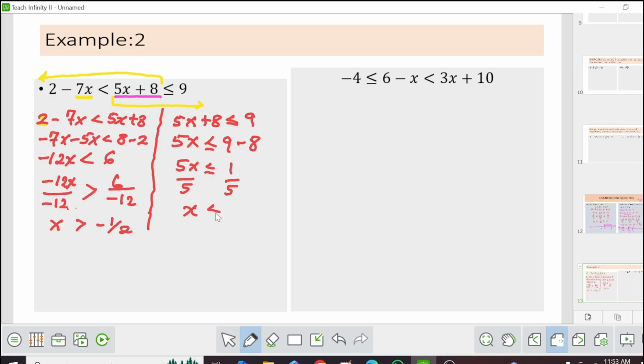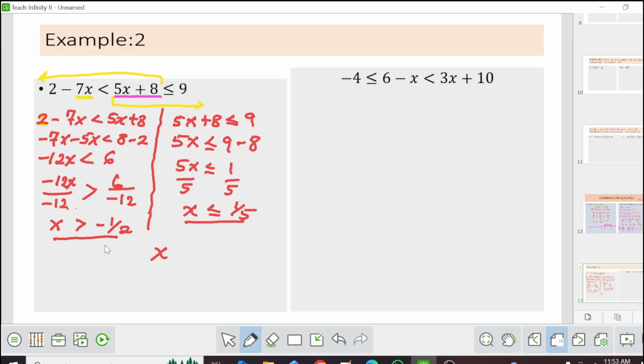So x will be less than or equal to 1/5. Now I have this answer and I also have this. So I can combine the two inequalities to give me a combined inequality like before. I will now write it in number line. If you want to do that, you put the variable at the center, then the least number, which is minus 1/2, and 1/5.